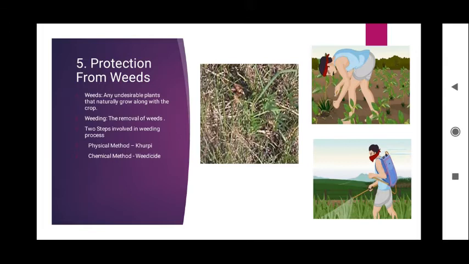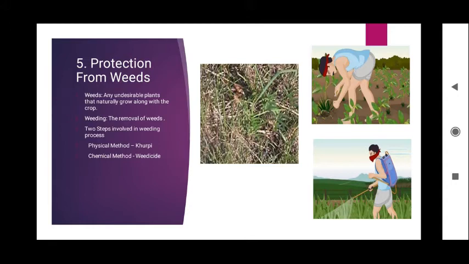But spraying weedicide may affect the health of farmers, so they should use a small piece of cloth to cover their nose and mouth while spraying these chemicals. Usually, the weeding process should be done before the flowering and seeding season begins.